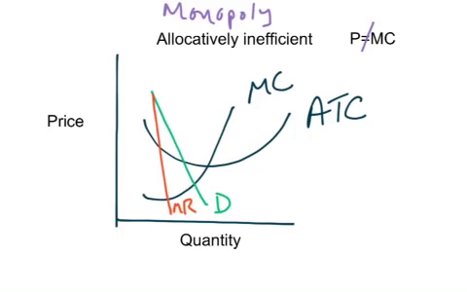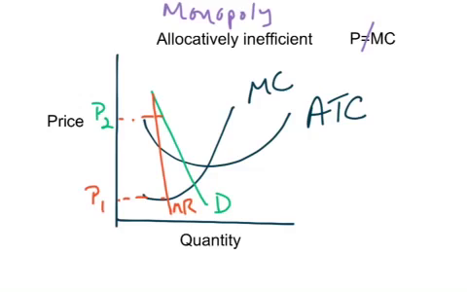And we're going to think about two prices that we're going to label. Okay, we have here P1, and we have here P2. So remember that in order to be allocatively efficient, the price must equal the marginal cost.